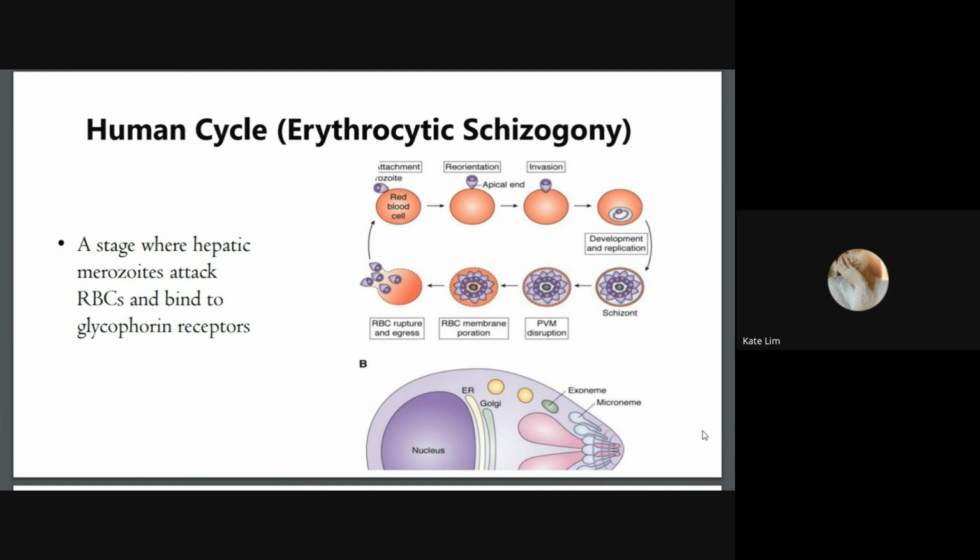Remember what I told you, that the merozoites are usually the culprits for invading red blood cells. They're also the culprits when the patient transmits the malaria to another human host. So it will always be the merozoite.